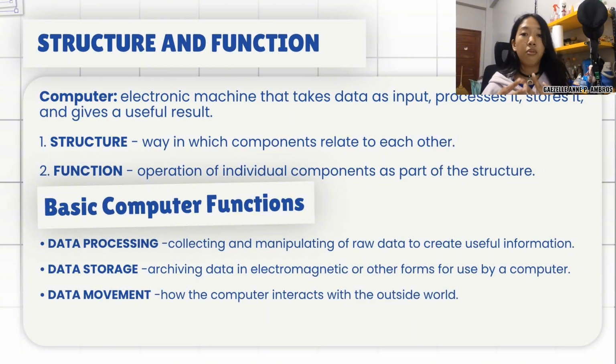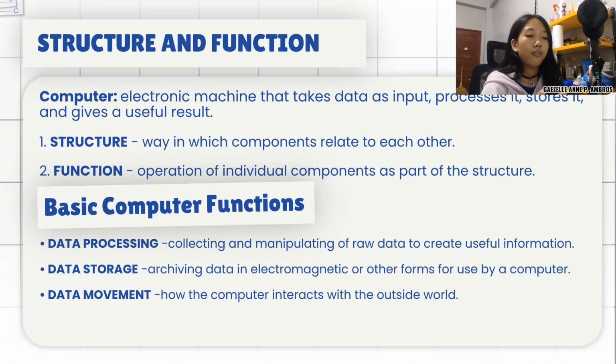So we can actually relate this to how cooking or baking works, where you take raw ingredients, you mix them, you cook them, you put them all together to create a full dish or a complete pastry or baked good. Then of course we also have the data storage, which is already pretty self-explanatory. This is the one responsible for archiving data in electromagnetic or other forms for use by a computer or device.